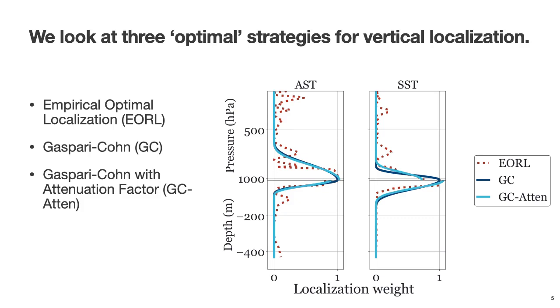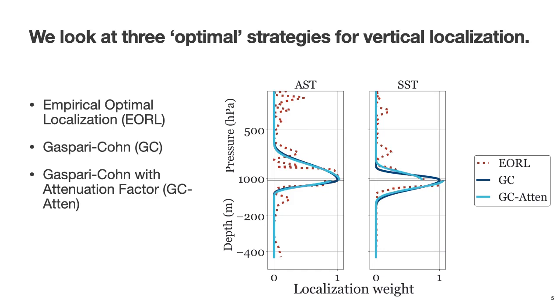The reason we thought the attenuation factor might be a good idea is because, as we saw in the previous slide with the vertical correlations, the correlation drops as soon as you cross that fluid interface. So we thought that a localization function with a smaller height might also be advantageous in this coupled setup.